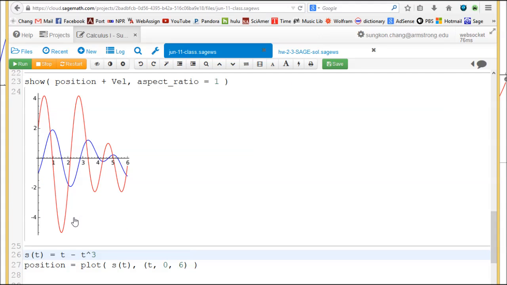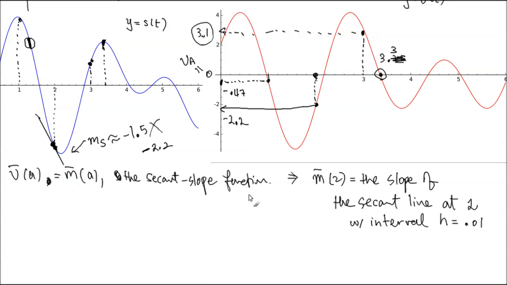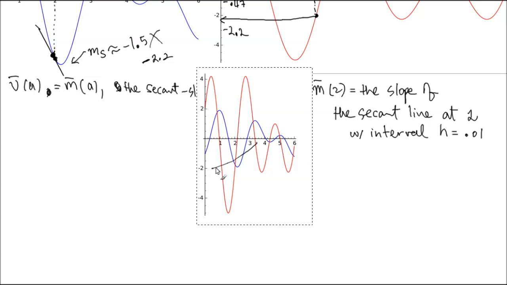The blue is the graph, and red is telling you what the slope of a secant line is, and what the average velocity at that point is, with a time interval of 0.01 second, right? Okay, so I'm going to copy that one and pay particular attention to interesting points, extreme points we say.